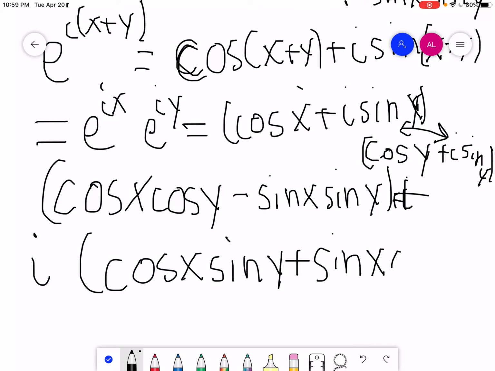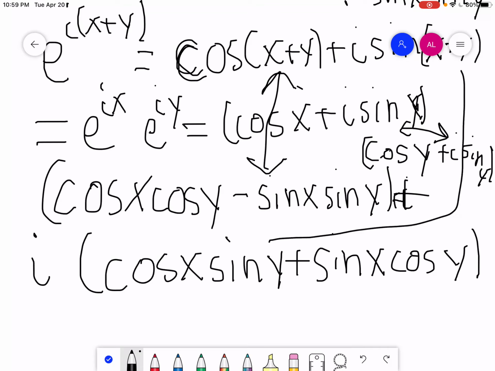Equating the real parts together, we find the solution. We can also find a way to prove the sum of angles for the function sine as well.